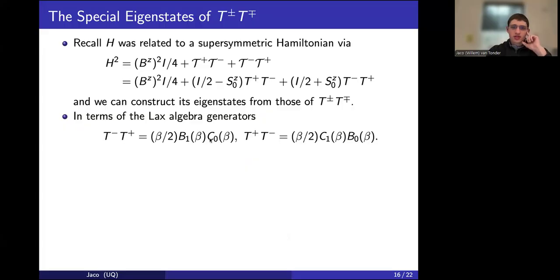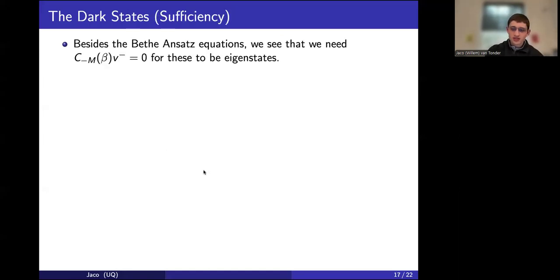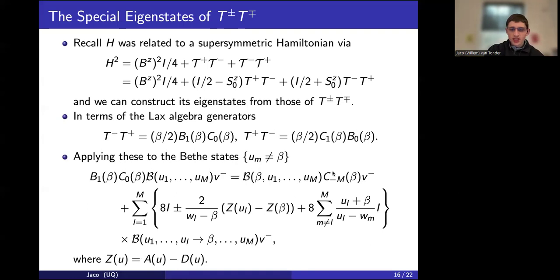If we notice that these can be directly written in terms of our lowering and raising operators, C and B, we can simply use the algebra relations to apply these to our Bethe state and commute through to obtain this. So then we will get an eigenstate from this.